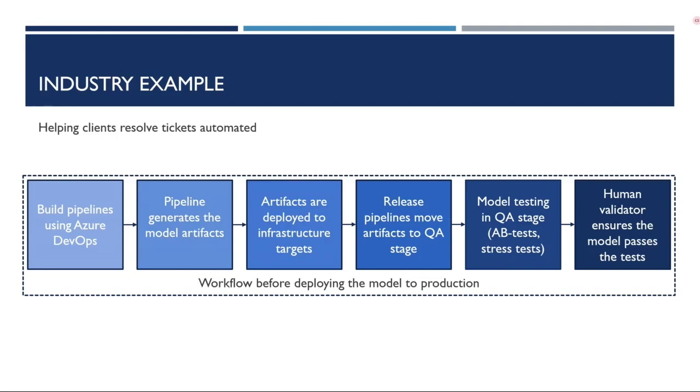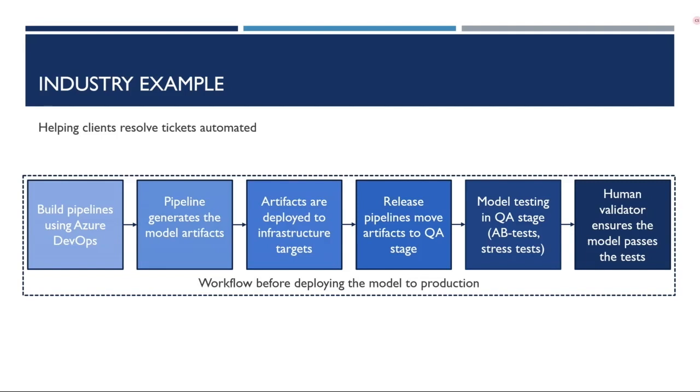Then the build pipelines generate a model artifact from a candidate source code. Then these artifacts are deployed into infrastructure targets using the release pipelines. Then the release pipelines move these artifacts to the quality assurance stage, or the QA stage.